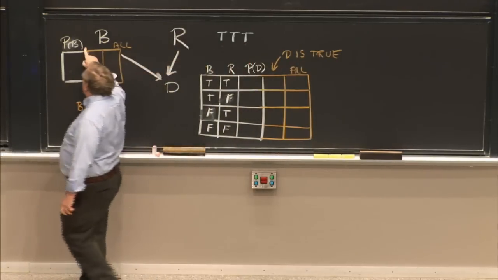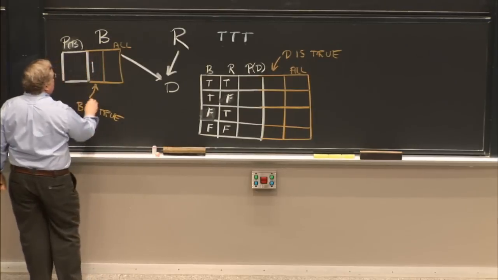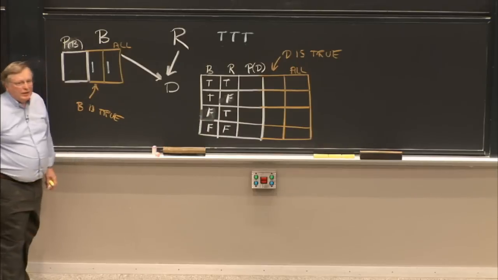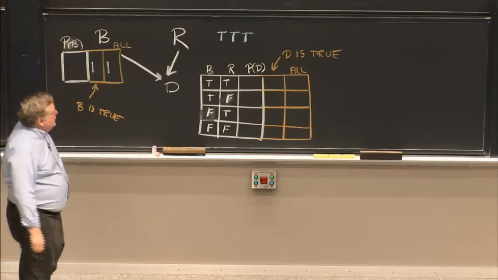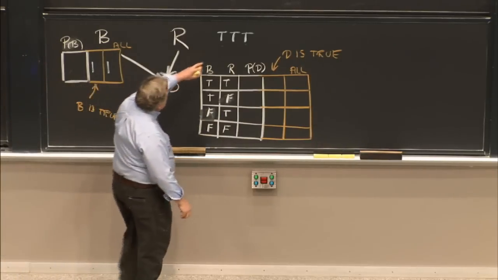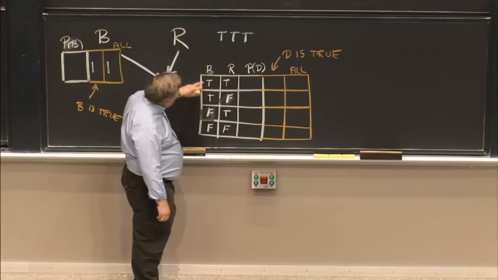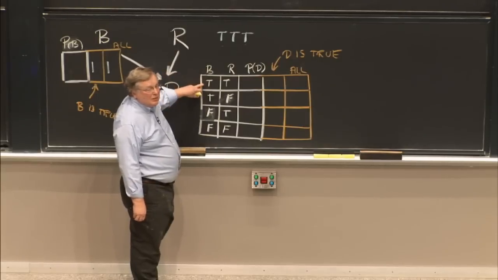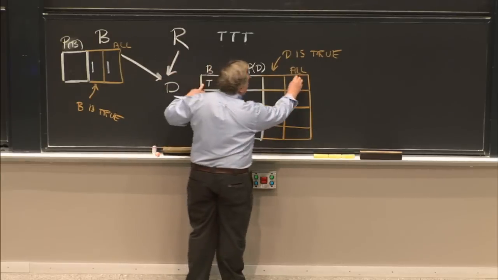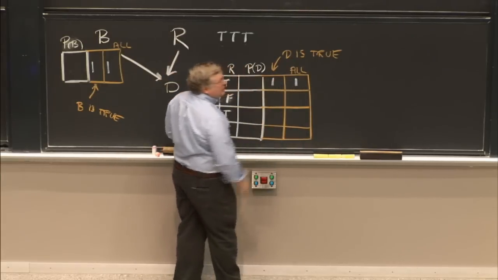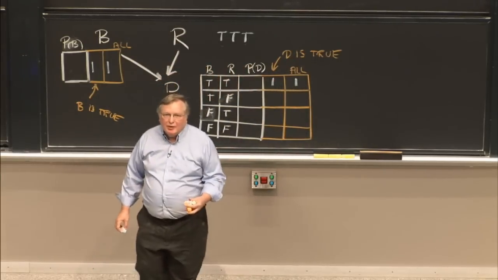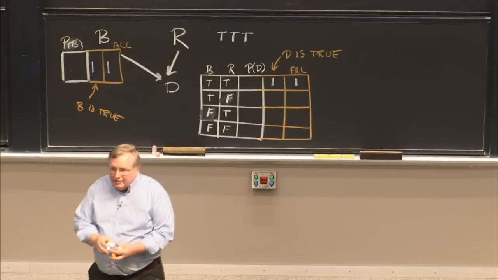So burglar has a true, and there's one tally count in there. Likewise, the TT, that's the burglar and raccoon, that brings me down to this first row. So that gives me one tally in there, and dog is true, so that gives me a tick mark in that one. All right, you with me so far?